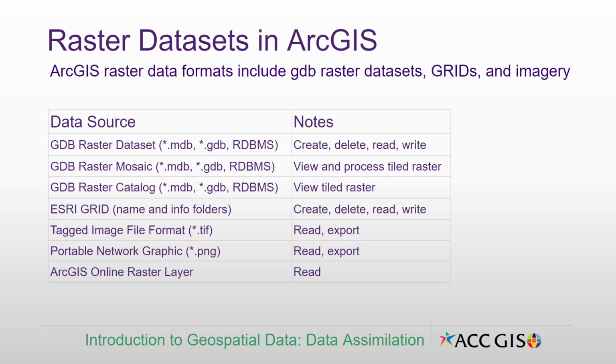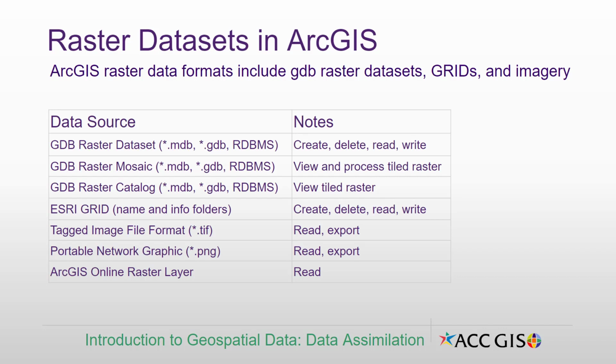Here's a list of raster data sets that we utilize in ArcGIS, starting with the simple geodatabase object, a raster data set, in which we can create, delete, read, and write these in ArcGIS. A raster mosaic allows us to tile a bunch of raster data and represent it as a single layer in ArcGIS.